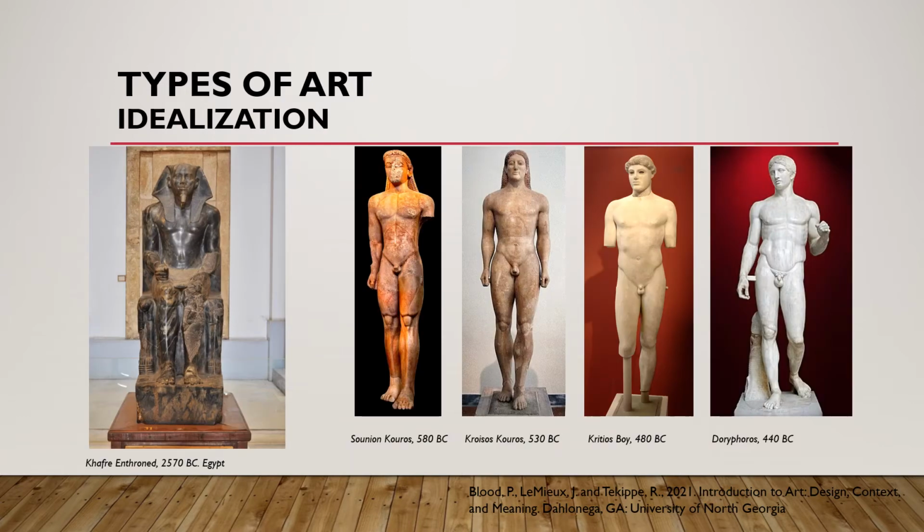Here are some examples of how idealization has translated through art. Khafra Enthroned on the far left is a 4th dynasty Egyptian sculpture from about 2570 BC. Now, this isn't what he actually looked like, but it is an idealized representation.